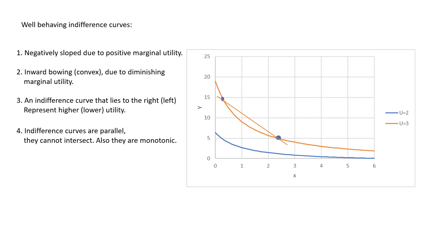And also, it's important to note that indifference curves are monotonic. This means that they cannot really curve back. So when you have a well-behaving indifference curve, then it should always have a negative slope. It cannot somehow just turn back and have a positive slope.